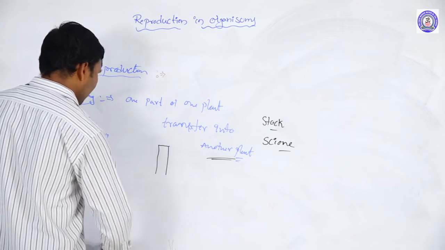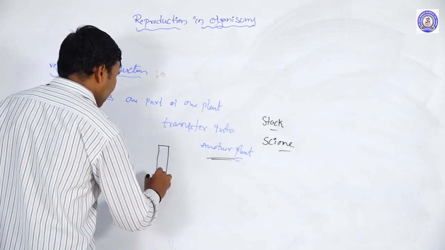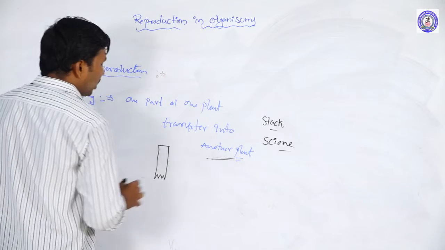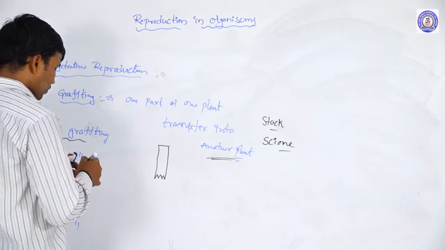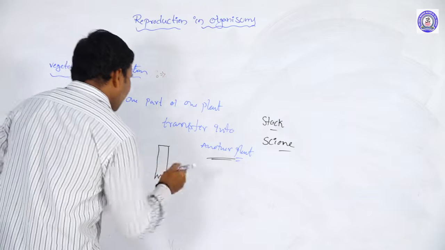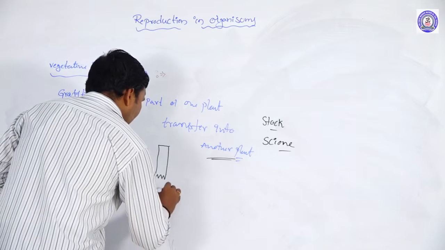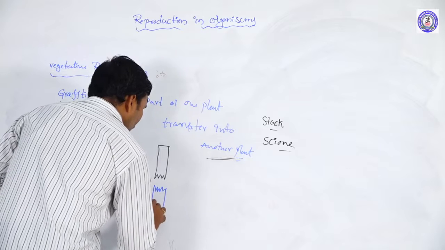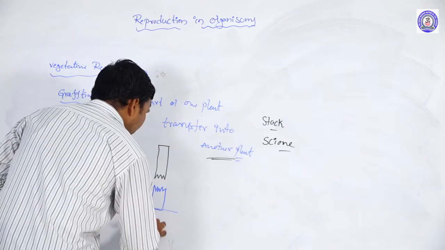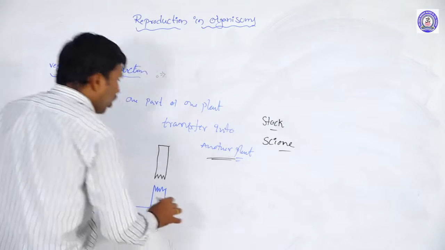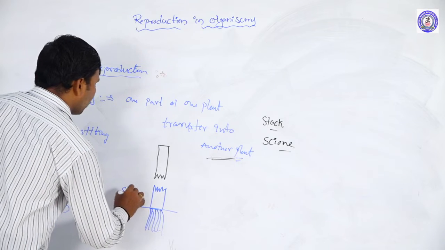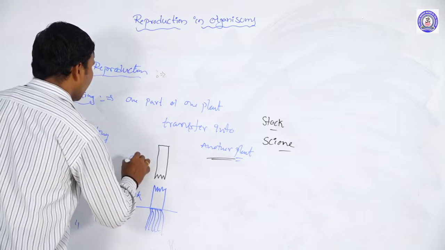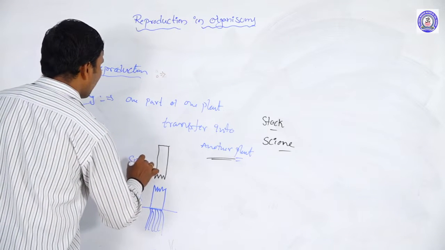First one is tongue grafting. In the tongue grafting method, we take two plants that are similar in diameter, forming the stock and the scion. This is the stock and this is the scion portion.